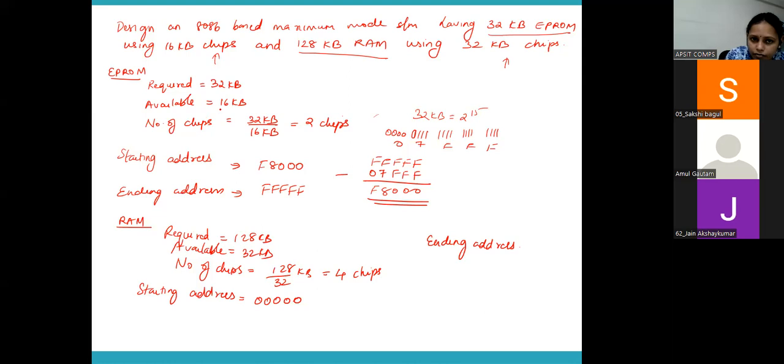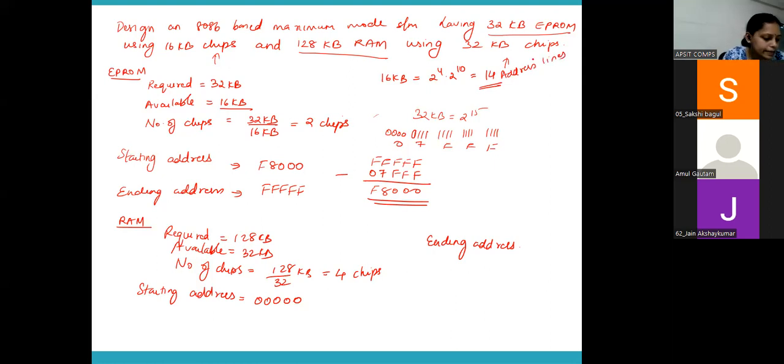We have only 16 KB chips available. That is our availability. So how many address lines will be required? 16 KB is 2 power 4 into 2 power 10, right? That means we will require 14 address lines for this interfacing.